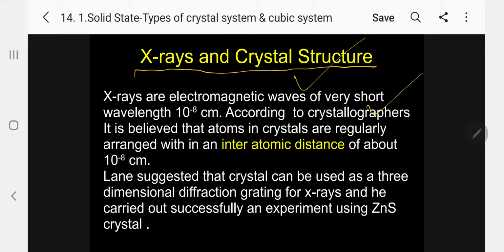It is believed by crystallographers that atoms in crystals are regularly arranged with an interatomic distance of about 10 to the power of minus 8 centimeter. Laue, a scientist, suggested that a crystal can be used as a three-dimensional diffraction grating for X-rays and successfully carried out an experiment using a zinc sulfide crystal.